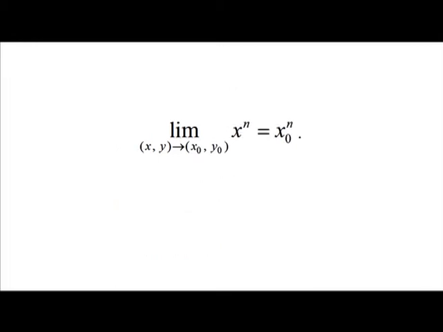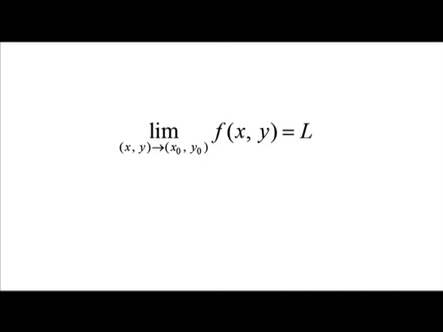In general, the limit as (x,y) approaches (x0,y0) of x^n is equal to x0^n, and the limit of y^n is equal to y0^n.